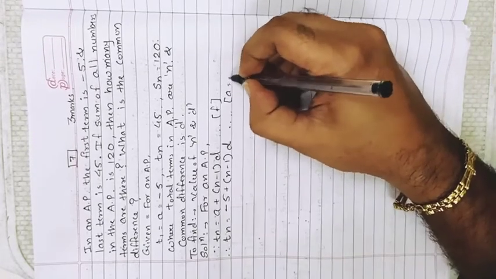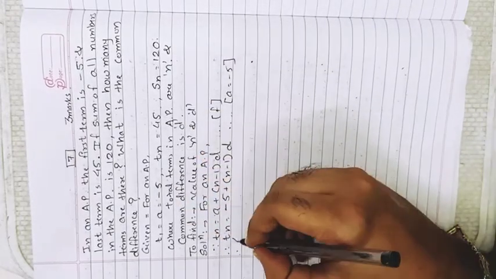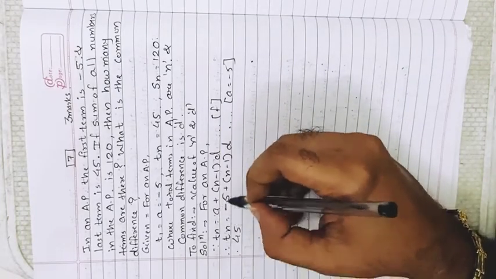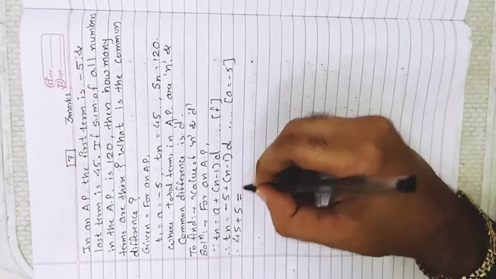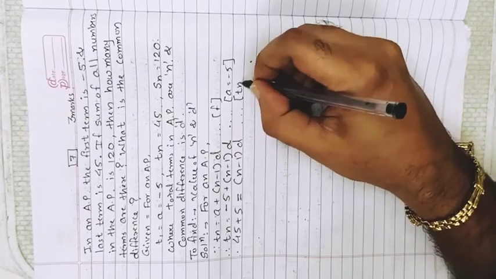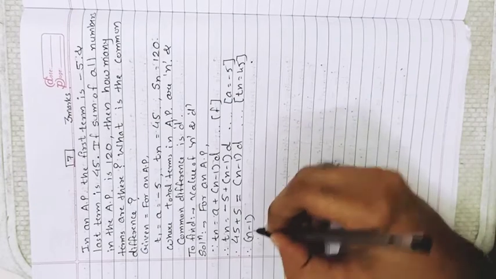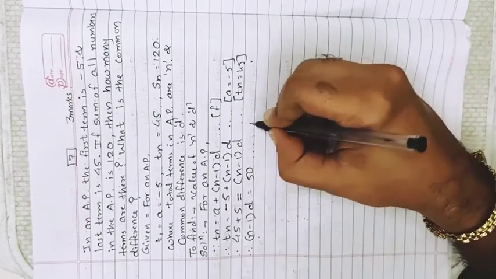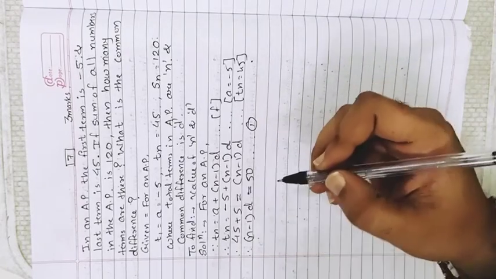A equal to minus 5 and T of n is 45. So 45, minus 5 will come on this side and become plus 5. So 50 equal to n minus 1 into d. We will mark it as 1: n minus 1 into d equal to 50.